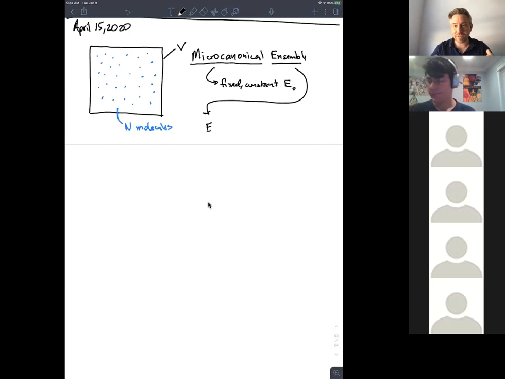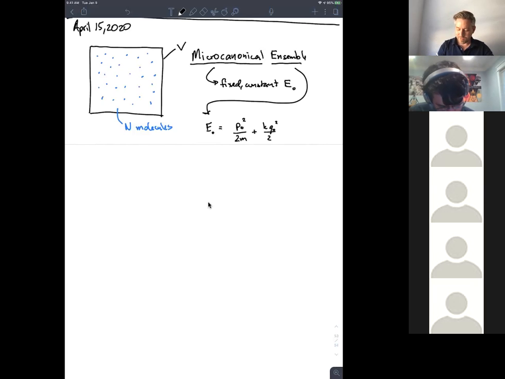A harmonic oscillator of mass m, where you characterize its position by some coordinate q. We said that what we're interested in are all the combinations of the momentum, which is just the kinetic energy, and the position, which tells you the potential energy.